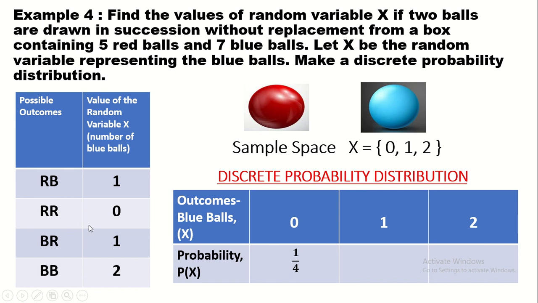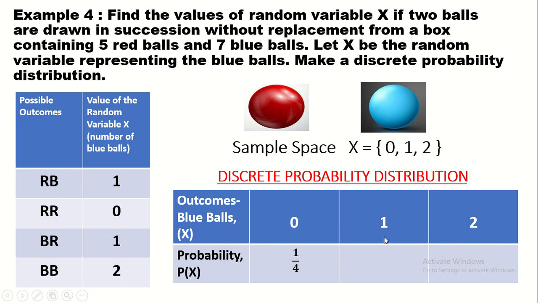Isang possible outcome ang maaaring wala tayong makuhang blue, parehong red and red. So, 1 over 4. Sa 4 na ito, yung random variable X natin ay 1, 2, 3, and 4. Isang possible outcome ang pwedeng wala tayong makuhang blue ball. So, that is 1 over 4.